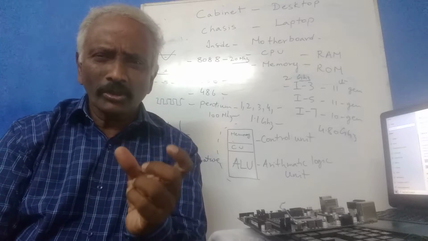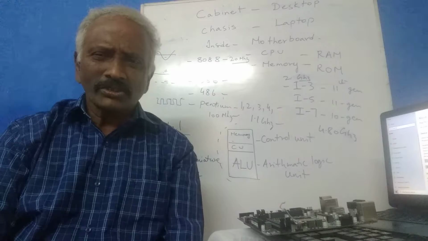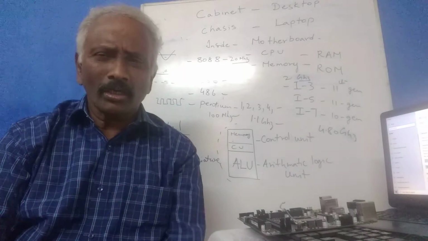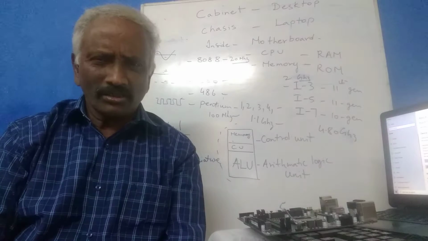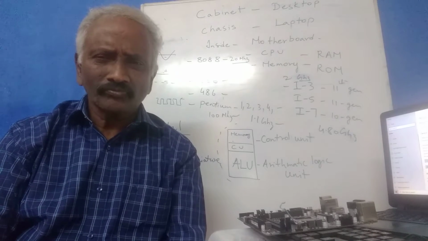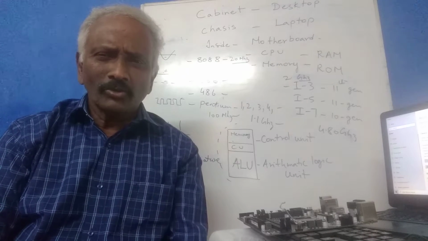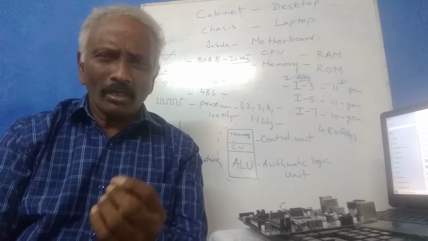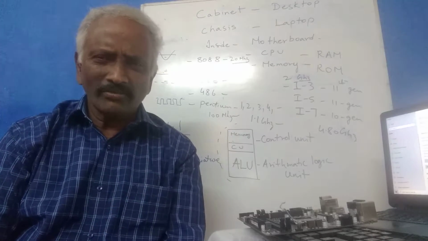The control unit processes all your text, like alphabets. Your ALU processes your numbers, that is the arithmetic logic unit.